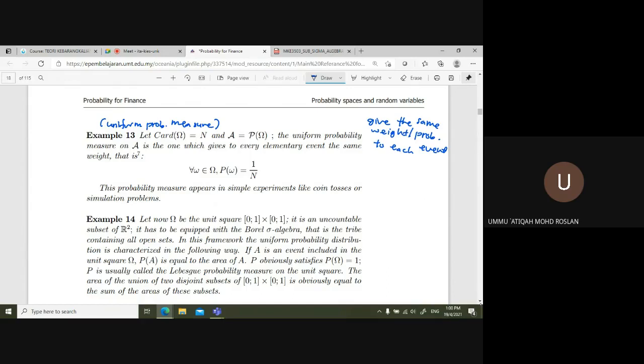For example, let the cardinality of omega be n.